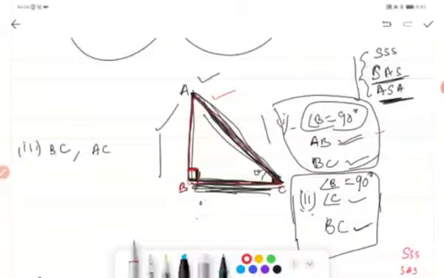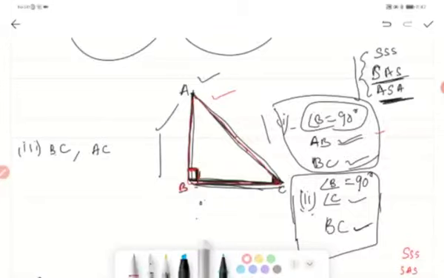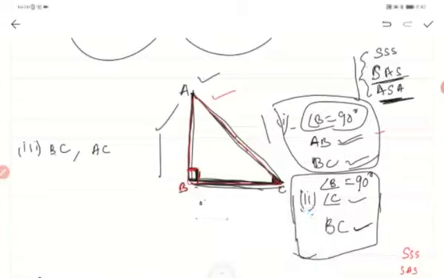After that you can make this triangle congruent. How? The first rule we had seen: AB and BC sides, if you know these two sides and this angle, what rule does it become?